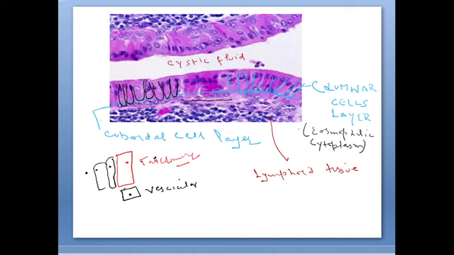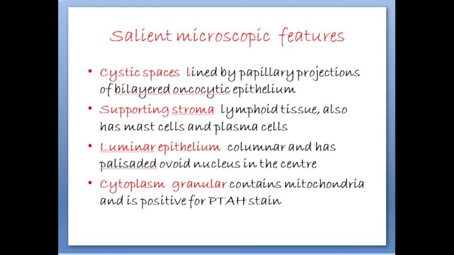Then the other layer is the cuboidal cell layer. Then there is a prominent cystic space. This cystic space contains fluid or eosinophilic coagulum. And then, as I already told you, this is prominent lymphoid tissue.